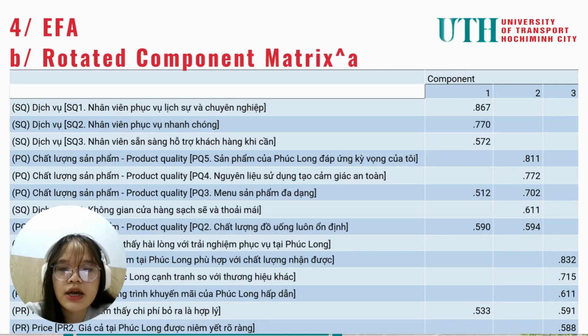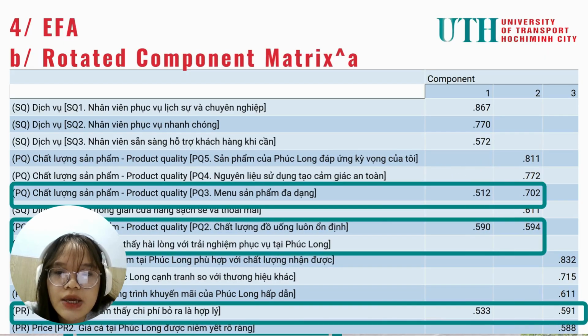But coming to the initial rotated component matrix, there were exactly three components. However, several items show cross-loading problems. For example, PQ3 loaded on two components, and the difference between these two loadings was only about 0.19.